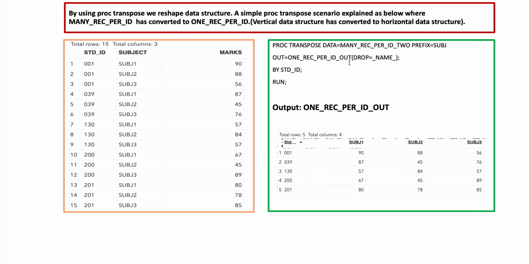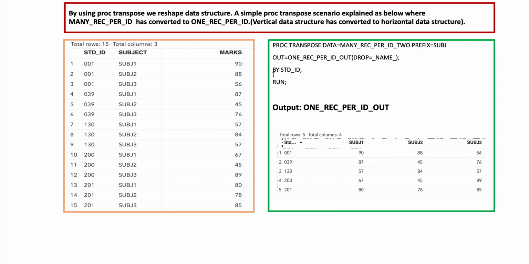When we use PROC TRANSPOSE, the default name underscore NAME underscore comes there, so we have to drop it. Another one is prefix; we use subject, because in a one-record-per-ID dataset it should display the different subjects. By student ID and run.